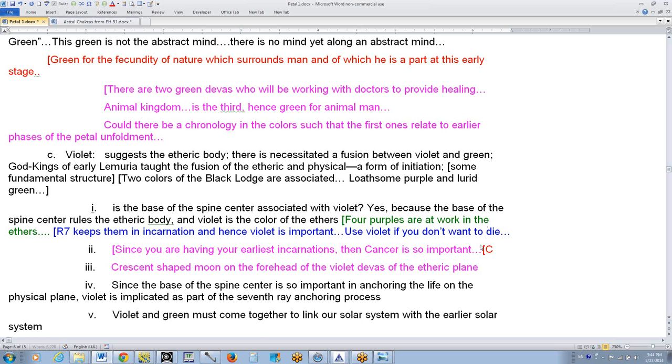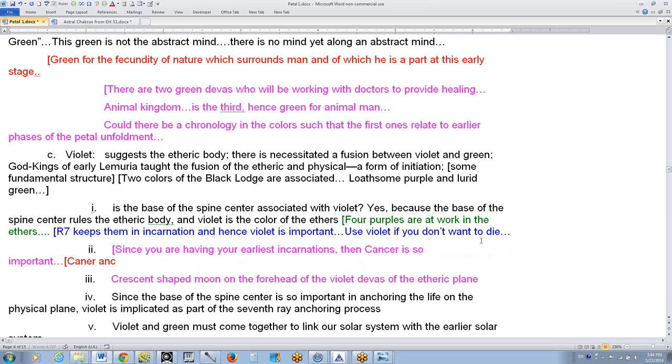Cancer anchors on the physical plane, but I'd like to be able to spell. Okay. Cancer anchors on the physical plane, and the color given by the Tibetan for Cancer is violet.